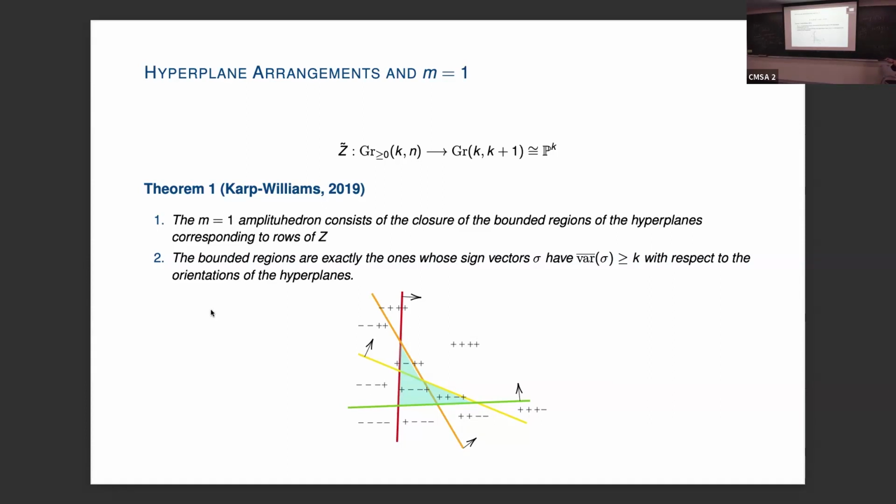So if Z is not necessarily totally positive, this will no longer be a cyclic hyperplane arrangement, but we still have some hyperplane arrangement. We can write down the sign patterns, and the tame Grasstope will consist of the bounded regions of those hyperplanes.